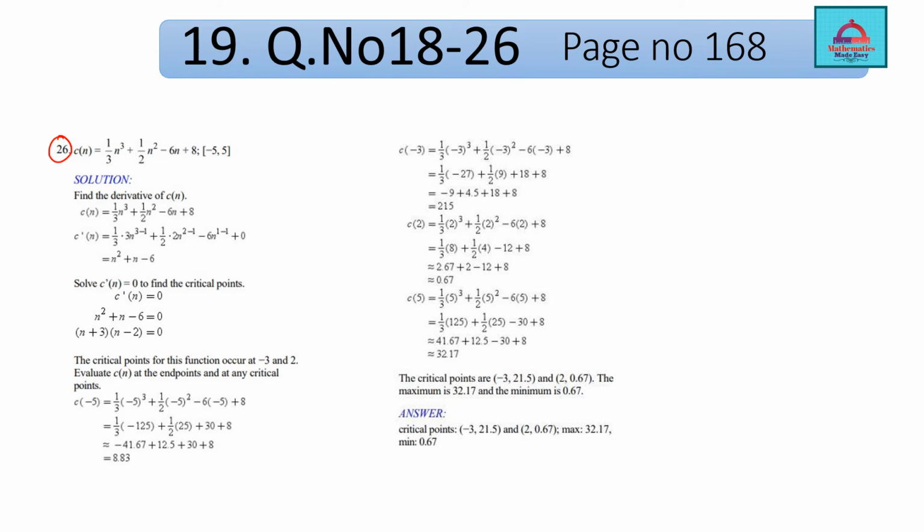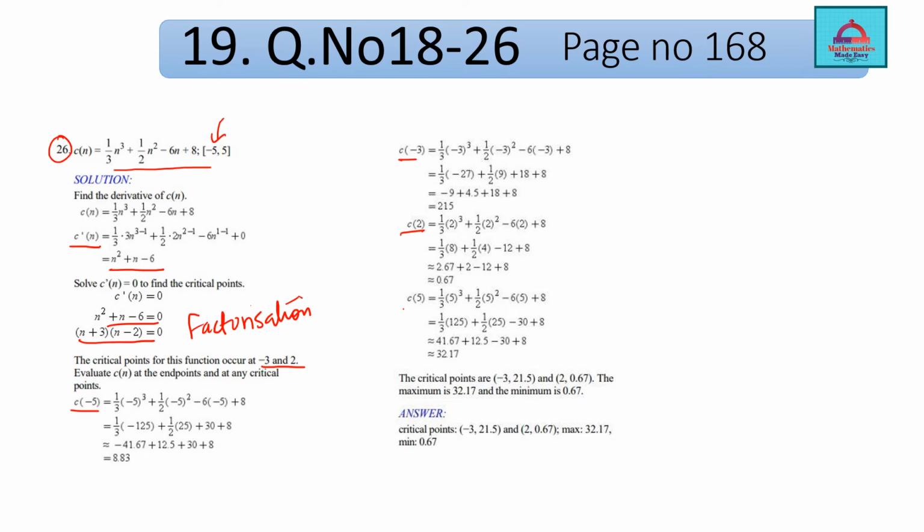So for question 26, the variable is n, interval is -5 to 5. First you calculate the derivative with respect to n, put that equal to 0, do the factorization. When you do that, factors are n plus 3 and n minus 2. So the two critical points are -3 and 2. Calculate at the interval -5.